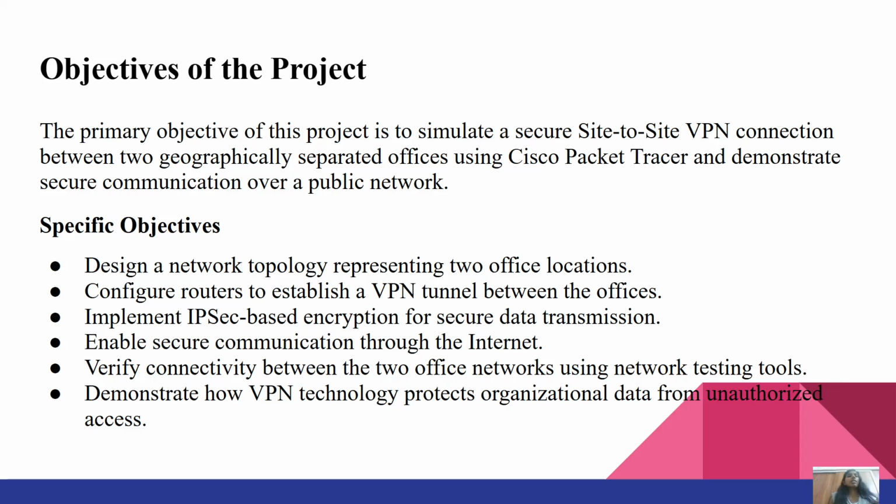Let us look into the objectives of this project. The primary objective of this project is to simulate a secure site-to-site VPN connection between two geographically separated offices using Cisco Packet Tracer and demonstrate secure communication over a public network.